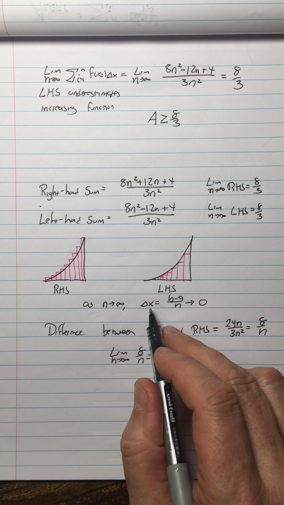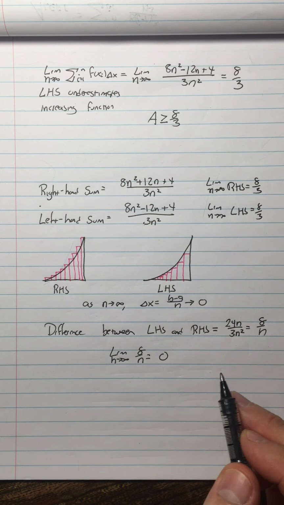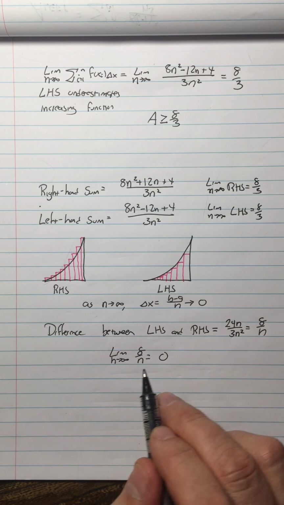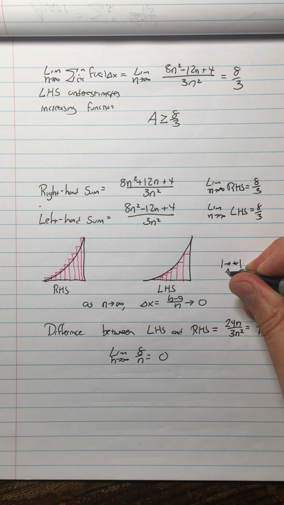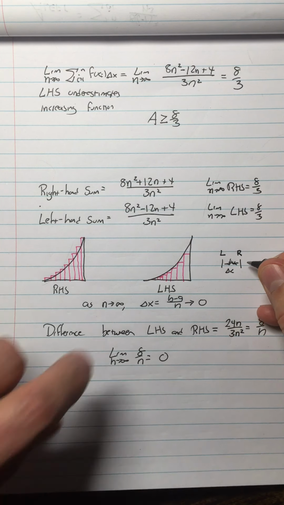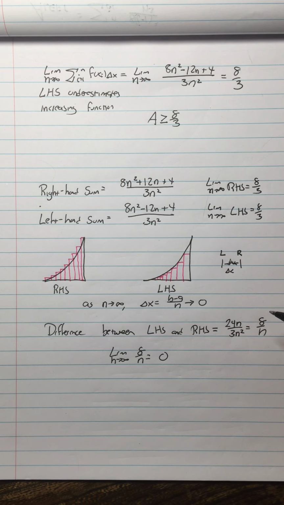The limit as n approaches infinity of (b minus a) over n is 0, as long as b is not equal to a. So the width of the rectangles is going to 0. As delta x goes towards 0, whether I evaluate the left or the right doesn't matter, because the left and right are becoming the same point.